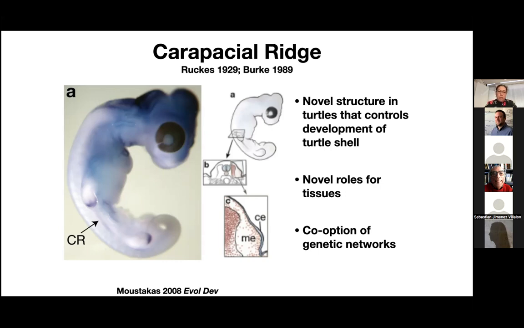And the interaction between these two guides the development and patterning of this structure. This is a novel structure in turtles that controls the development of the turtle shell. And it provides us with opportunities to study novel roles for tissues and the co-option of genetic networks regulating the structure.